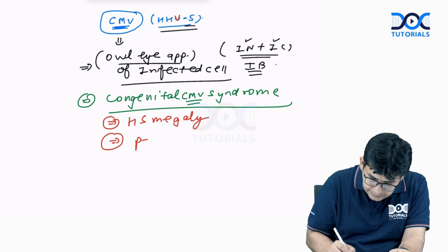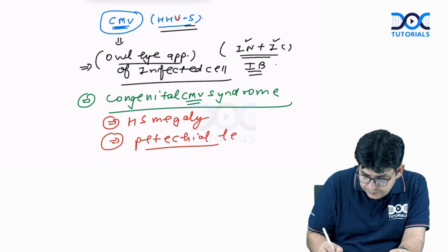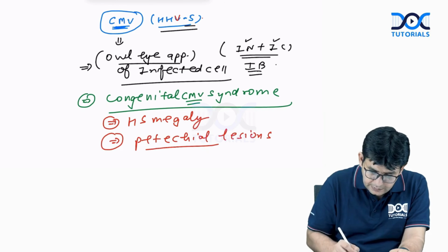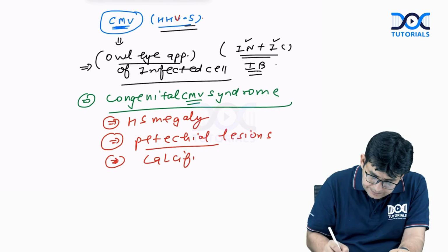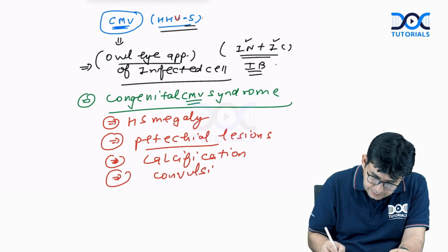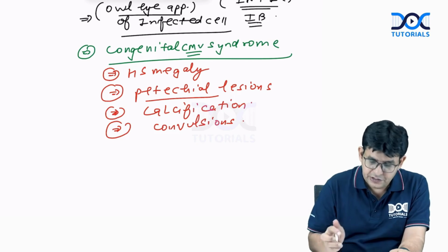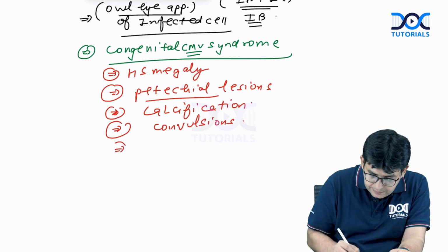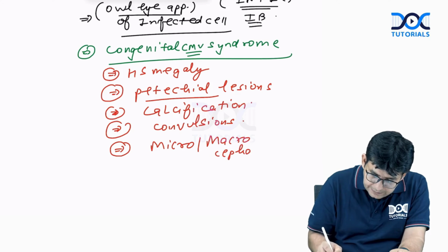Okay, petechial lesions, then calcifications, convulsions. Okay, micro or macrocephaly.